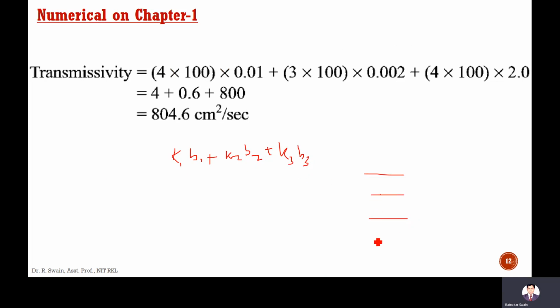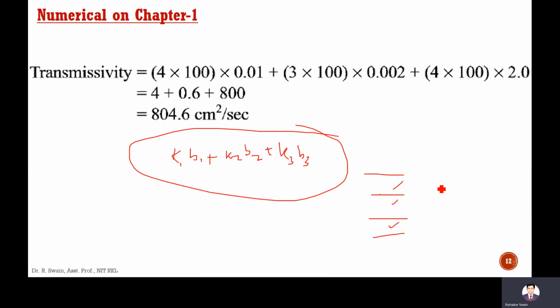There are 3 layers with different hydraulic conductivity. Therefore, we have to add the transmissivity of each layer, T1 plus T2 plus T3. So it is 8040.6 cm square per second.